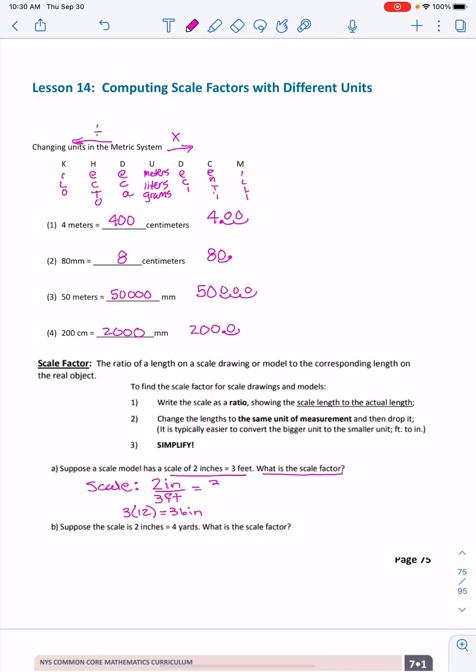So I'm going to rewrite that as 2 inches over 36 inches. I'm going to drop the inches, and when I simplify that, I get 1 over 18. So my scale factor is 1/18.